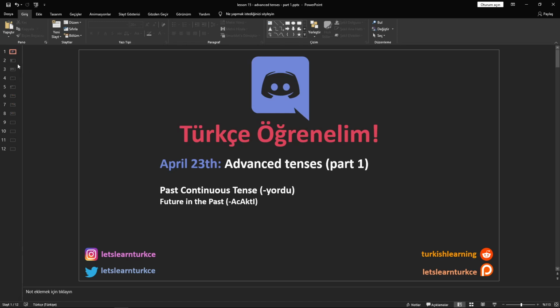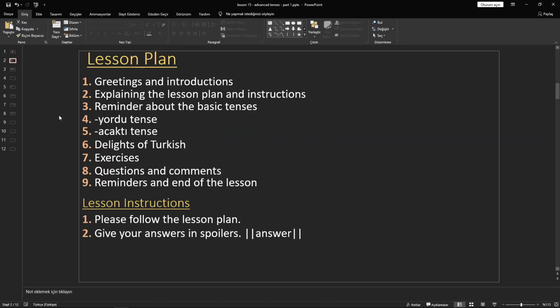Okay, so first things first. There's a lesson plan. I will go according to this plan. I will do the lesson in this order. So we are in the second step, explaining the plan, and I will talk about the basic tenses in case there are beginner people or new people who don't know how the tenses work. And there will be your tense, some explanations, some reminders, and acaktı.